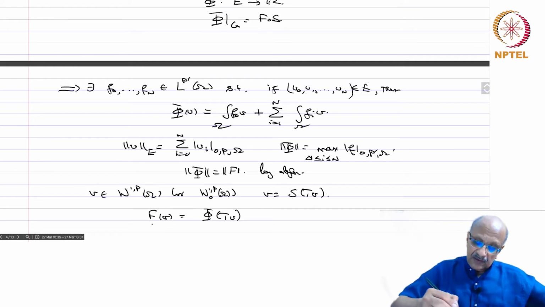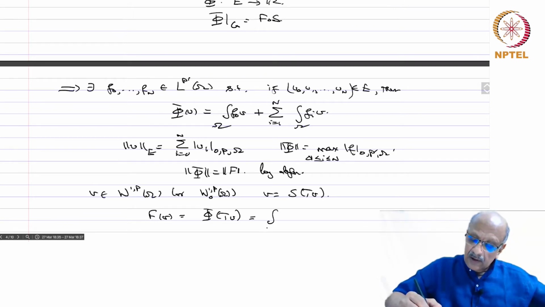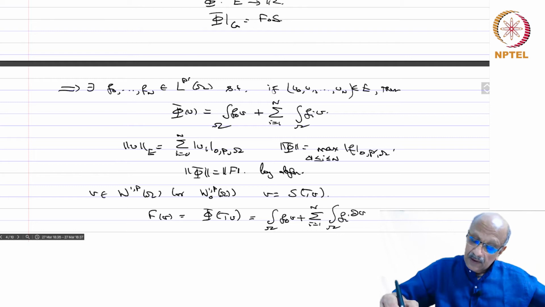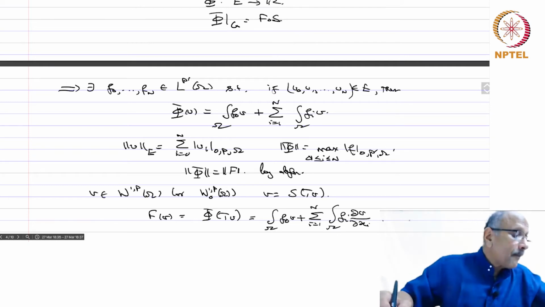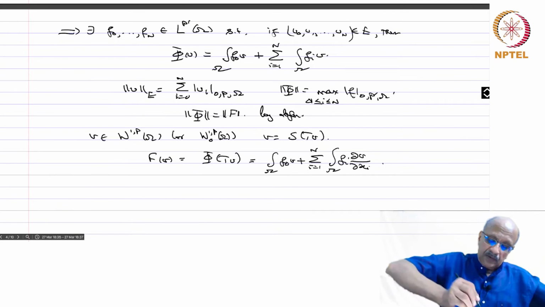S of Tv is the same as v, and therefore that is equal to the integral over omega of f_0 v plus the sum for i equals 1 to n of the integral over omega of f_i dv/dx_i. Okay, so that proves one part of the theorem.